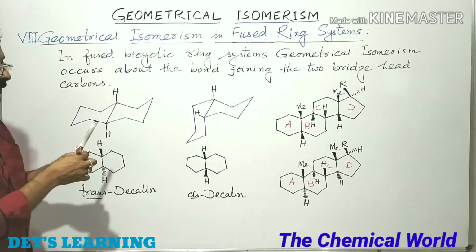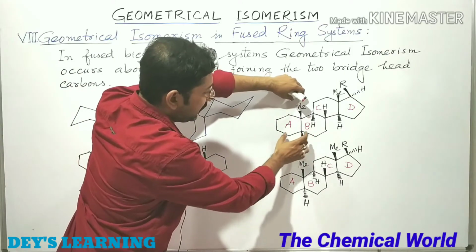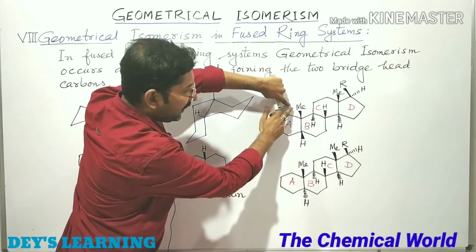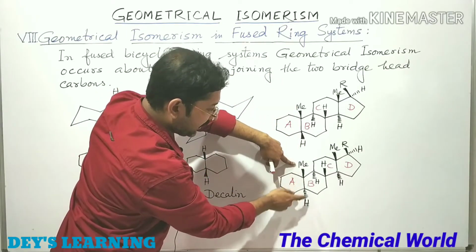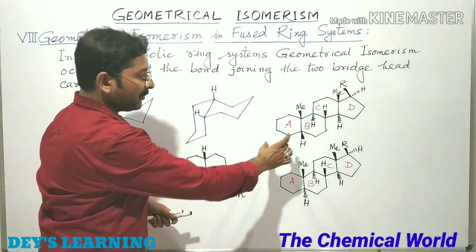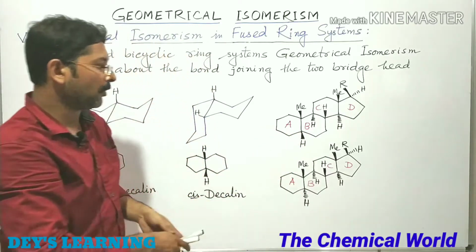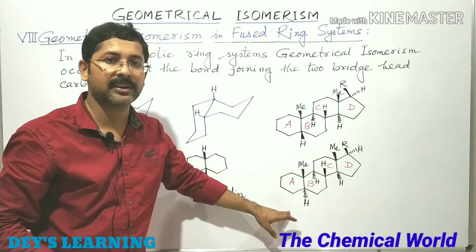Look at here. The junction of the A and B ring, the A and B rings are fused in such a way that methyl and hydrogen are in cis position. And in this compound, the methyl and hydrogen are in trans position. So this is actually A and B fused in cis geometrical form, and these A and B rings are fused in the trans geometrical form.